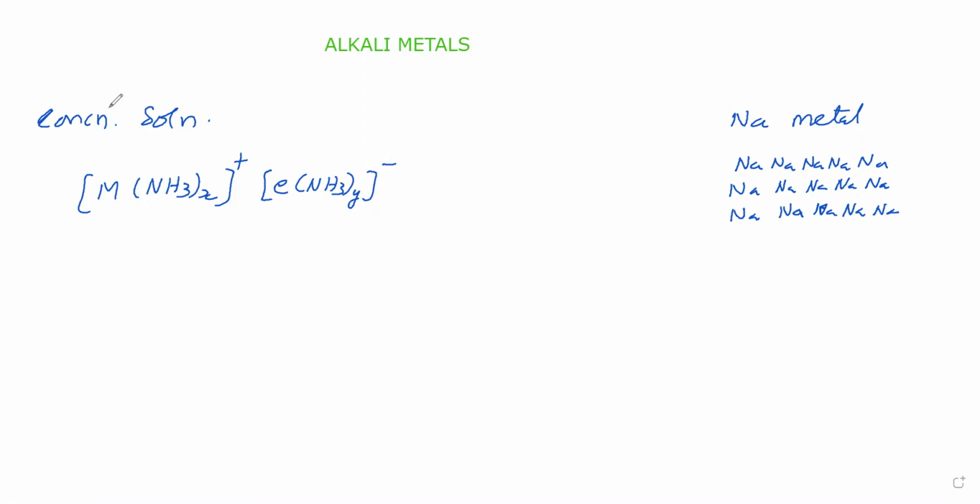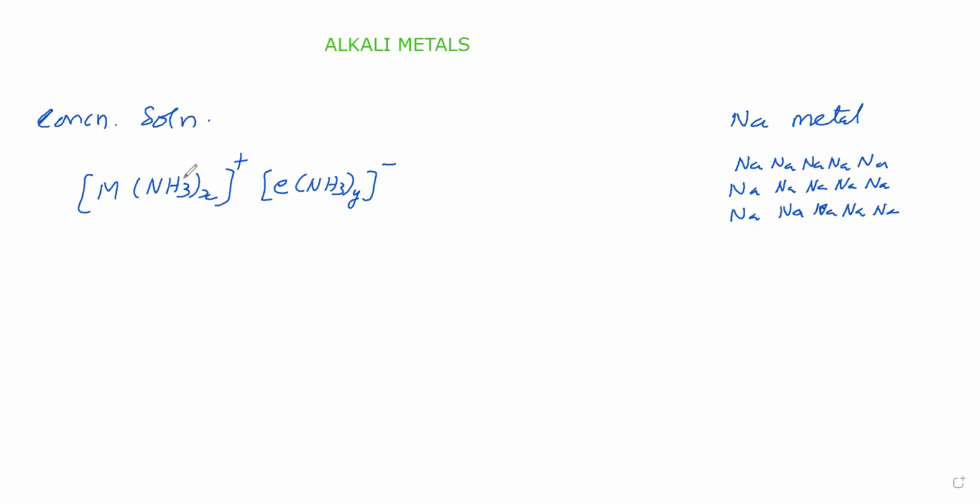Now, in the concentrated solution of alkali metal in liquid ammonia, how will it be there? Alkali metal will exist in the form of ammoniated metal ion and electron exists in the form of ammoniated electron. They will be packed in what manner?